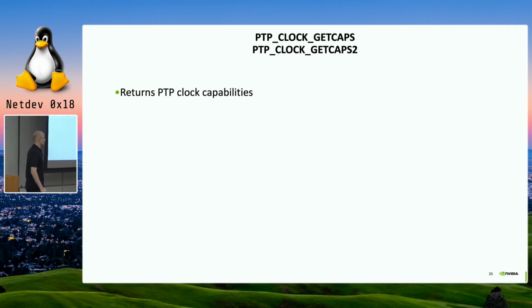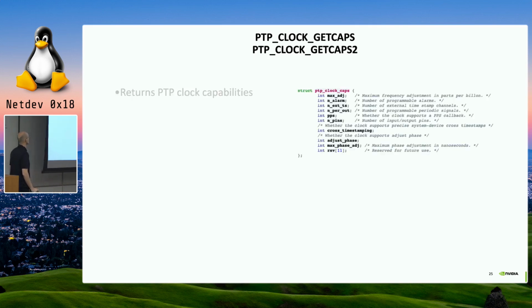So the first function is the PTP clock get caps. It returns the PTP capabilities. The capabilities are basically copied from what you initialized your clock with, along with checking whether some of the functions are actually supported by your device. So for example, that's for the cross timestamping and adjust phase.